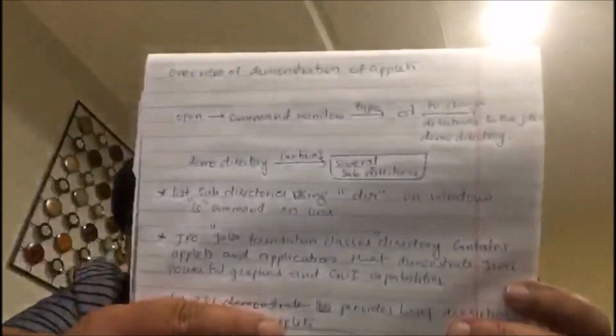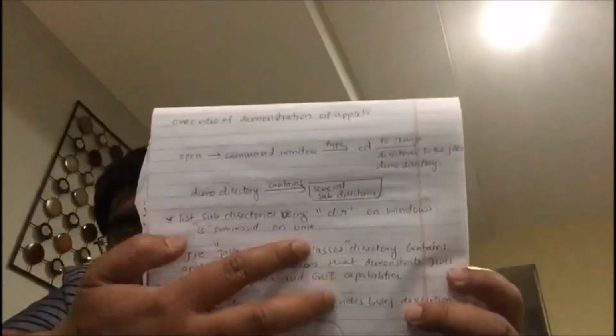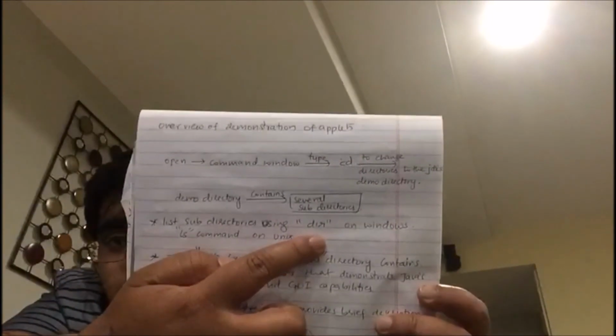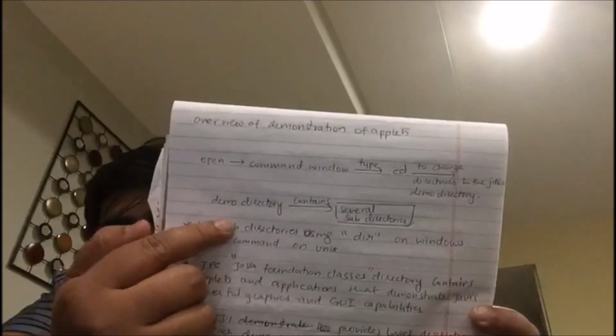So dir is a command which is used in Windows, and ls is a command on Unix. For more understanding, I'm showing you how it looks. It looks like this: dir is for Windows and ls is for Unix.